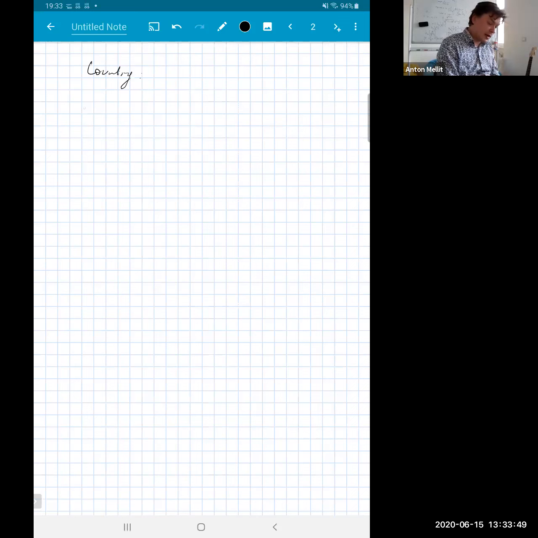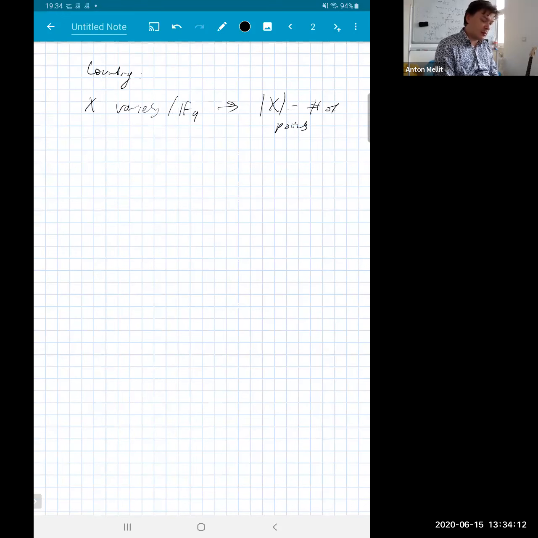So if you have a variety over a finite field, then you can compute points on it. So in general, for a variety X over F_q, you get a number. X is just a number of points.